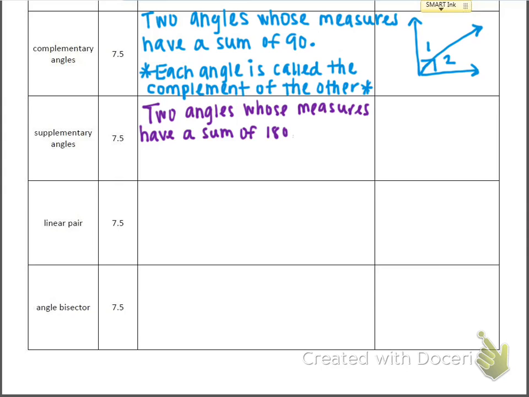And then the same thing, they are called the supplement of each other. So each angle is called the supplement of the other. And like I said, that is optional if you want to write it or not.